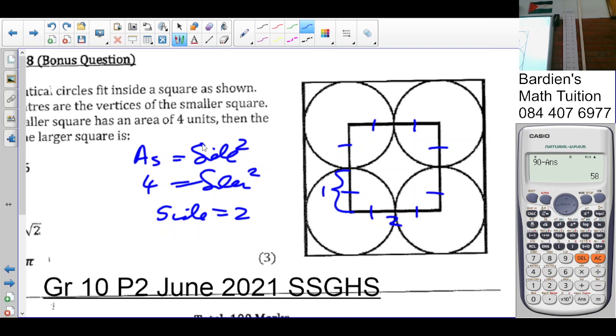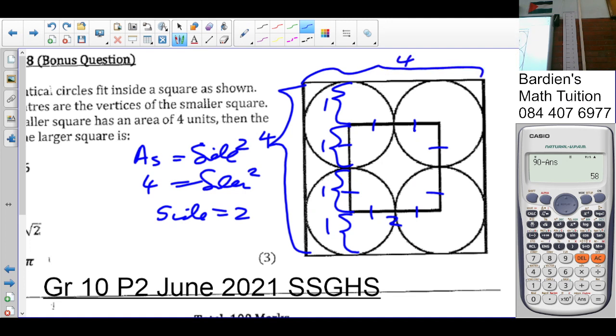So if that is 1, then this is also 1. Then what is that length from there to here? 1, it's also a radius. And from there to here? 1. So what is this length here? 4. So it's a 4 by 4 square, which is 16. So this makes the answer 16.